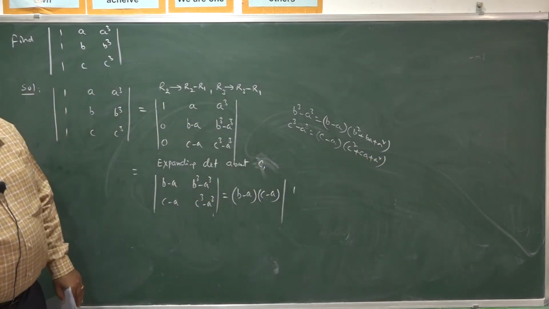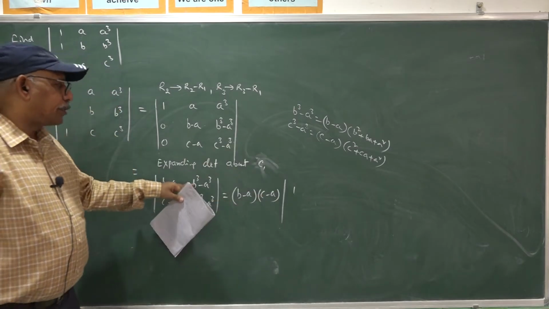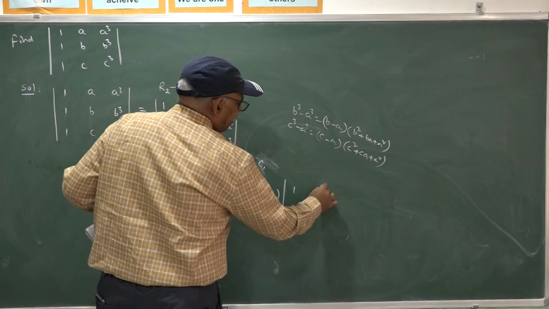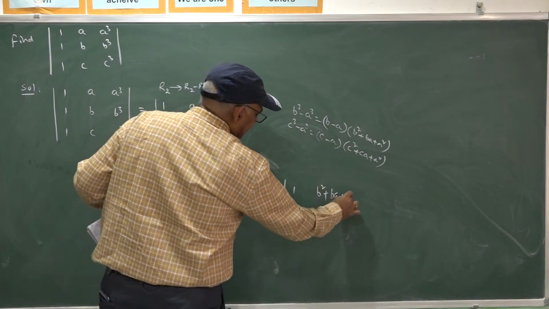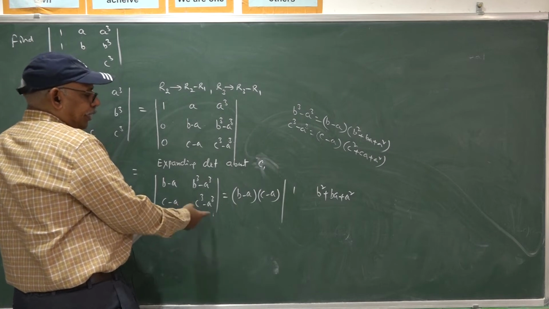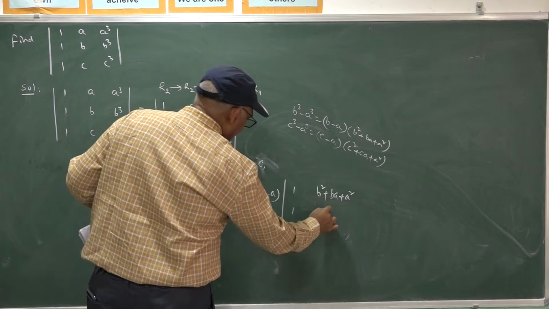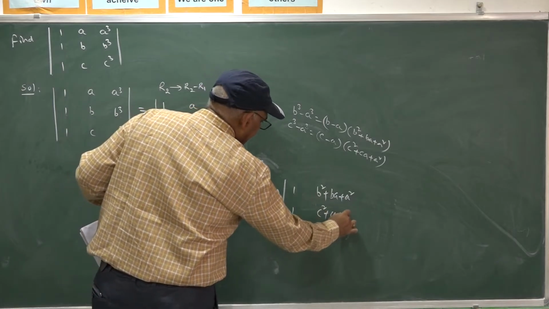By factorizing B cube minus A cube, B minus A is a factor, so the remaining factor is B square plus BA plus A square. Once you take C minus A as common, it becomes 1, C square plus CA plus A square.